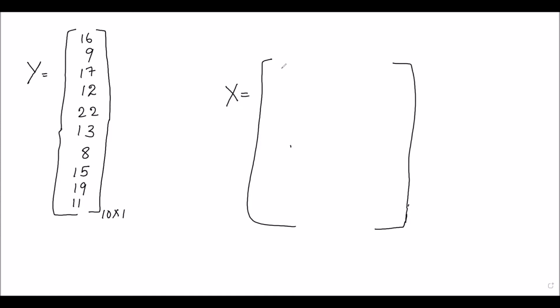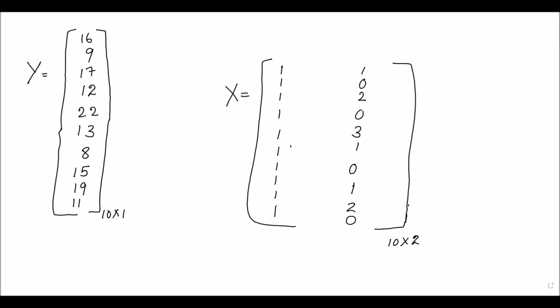There are 10 ones: 1, 2, 3, 4, 5, 6, 7, 8, 9, 10. Next to it you have your data set: 1, 0, 2, 0, 3, 1, 0, 1, 2, 0. So this is basically a 10 by 2 matrix.